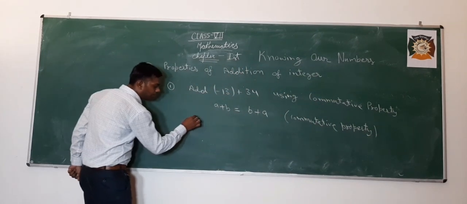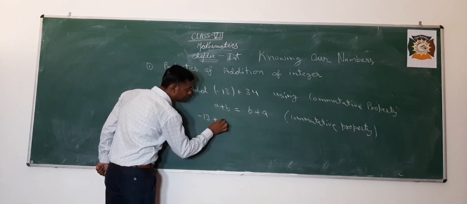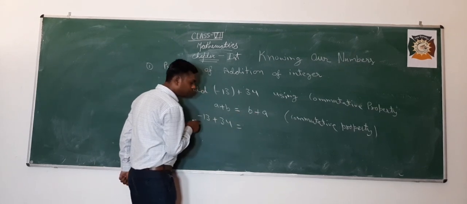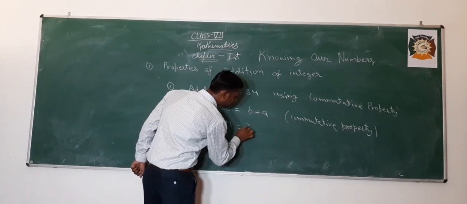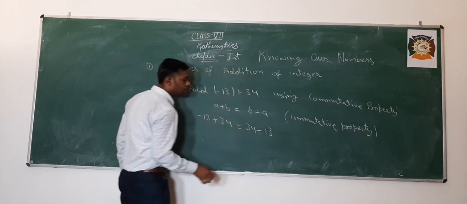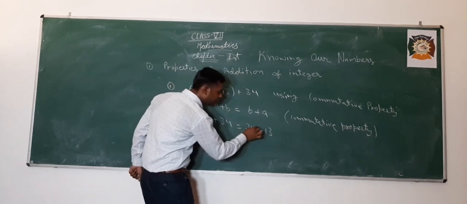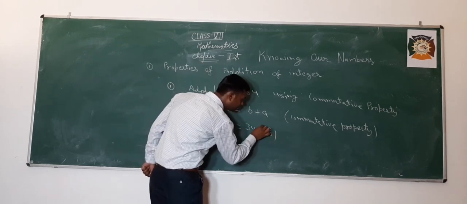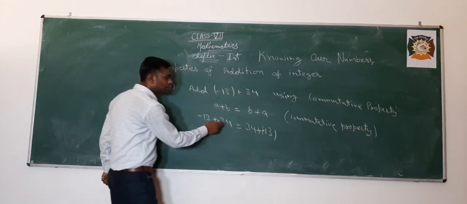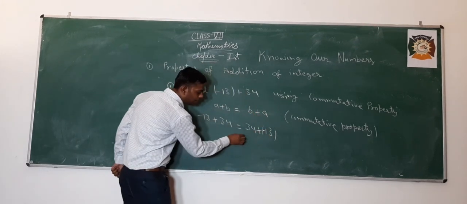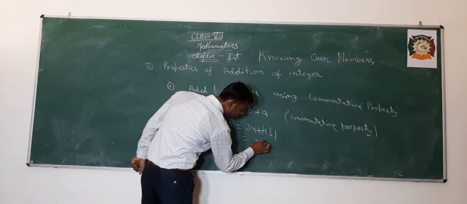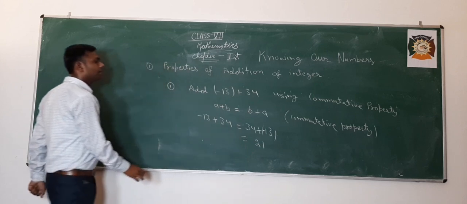That is, minus 13 plus 34 is equal to, changing the order of the integers, 34 plus minus 13, and that will be equal to 21.